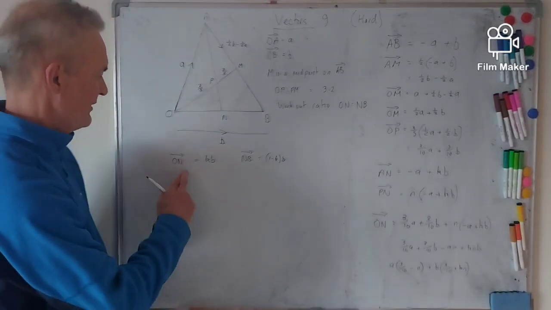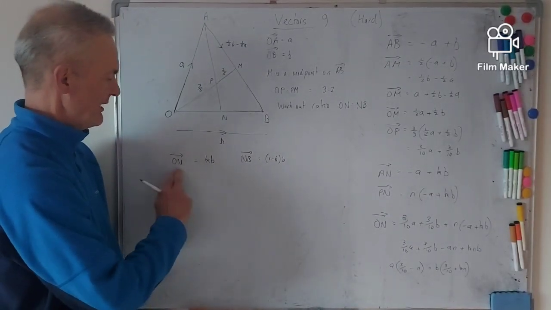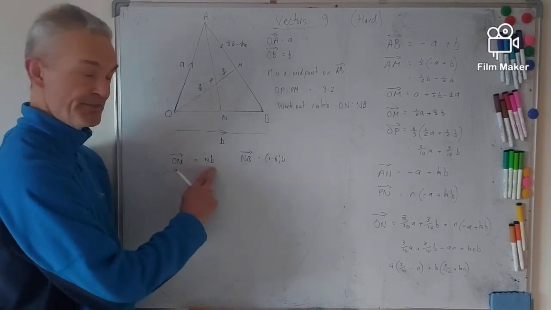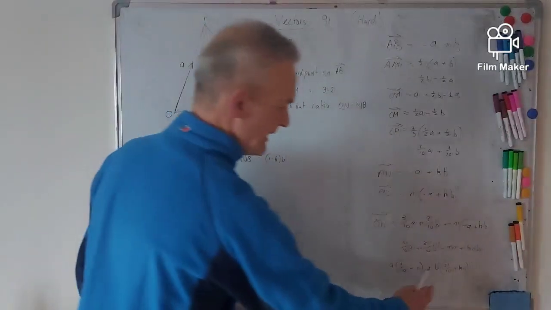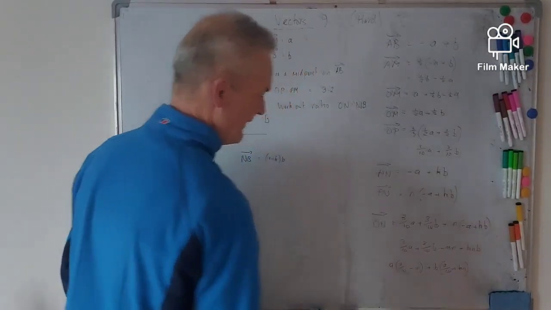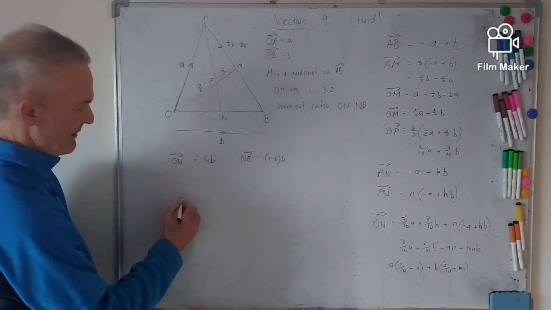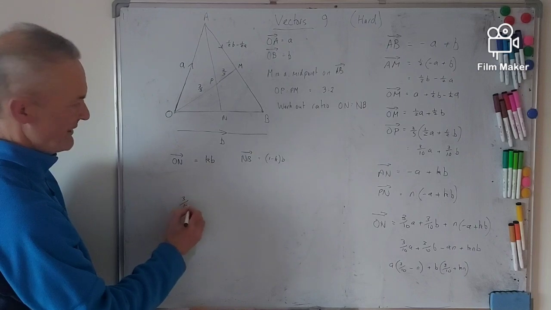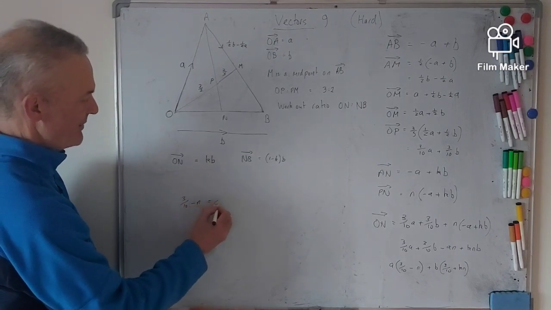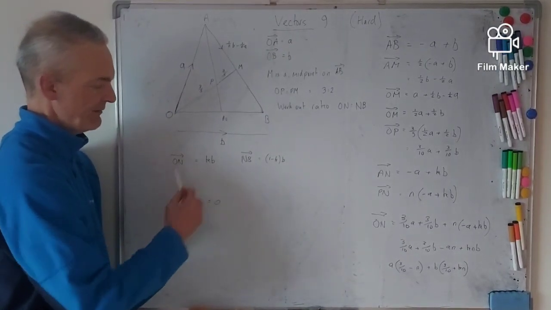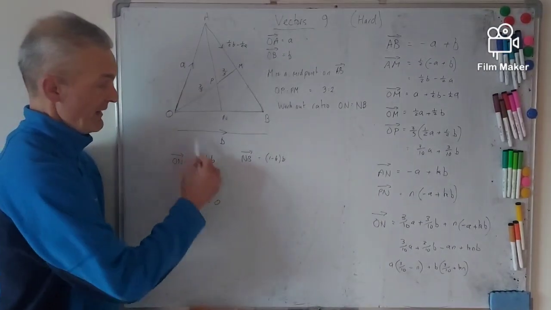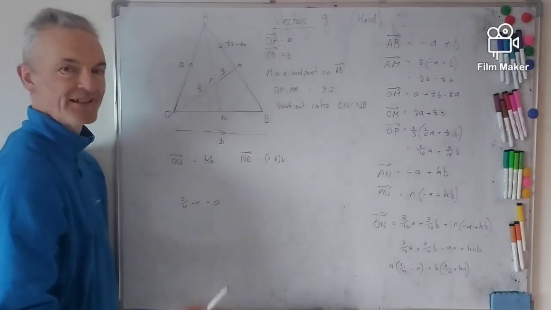Now notice on this one here, ON vector, there is only a B component, so the A component must be 0. So over here, this A component here, the 3/10 minus n, that must equal 0, because there is no A component here to compare it with. It's just B in this direction, there is no A.